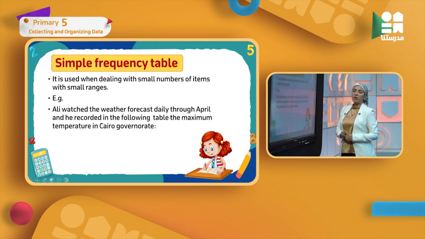Example, here we have a boy, his name is Ali. He watched the weather forecast daily through April. That means he spent 30 days watching or observing the weather forecast.